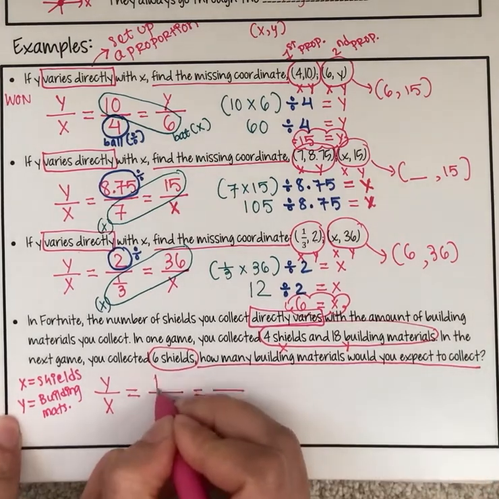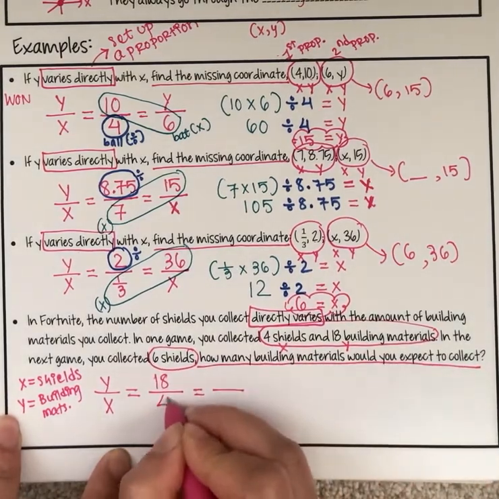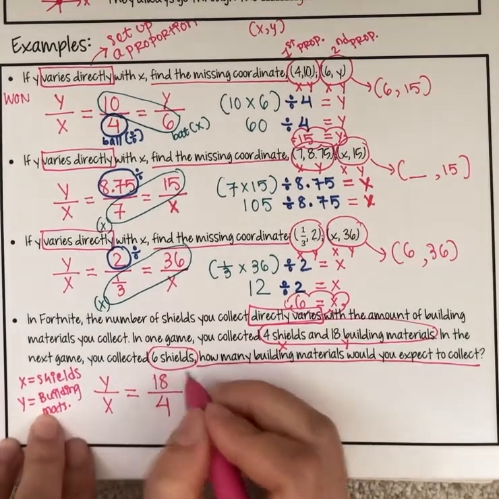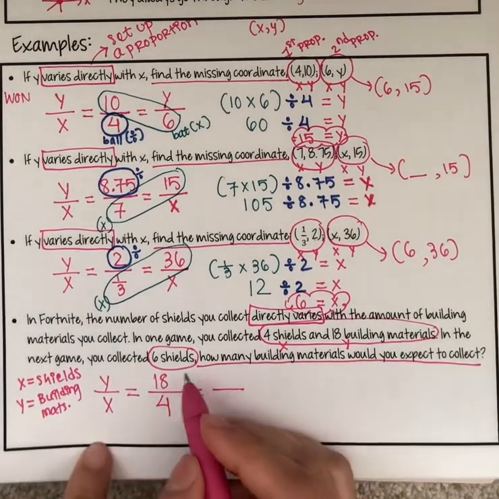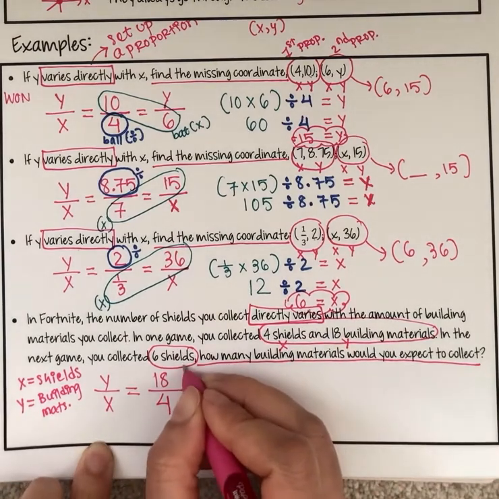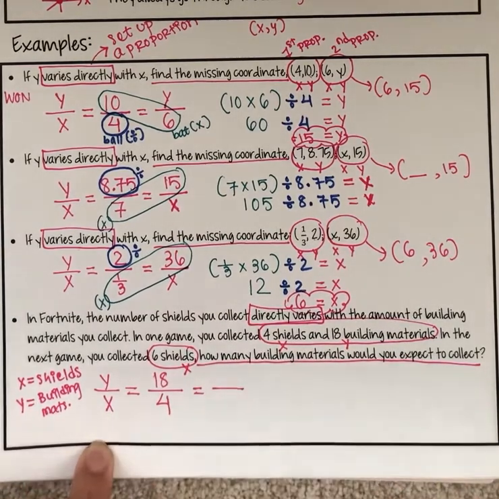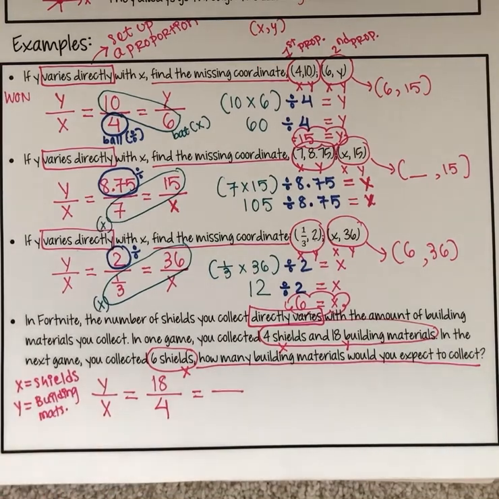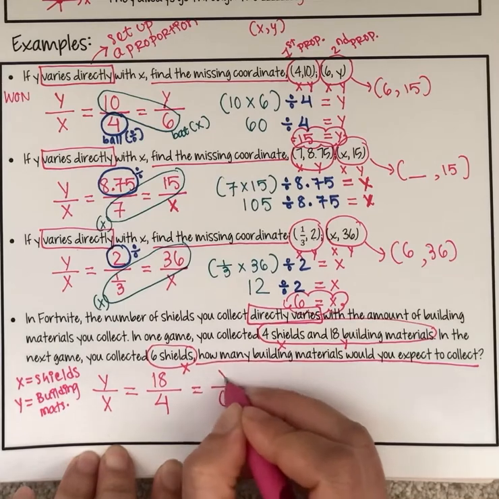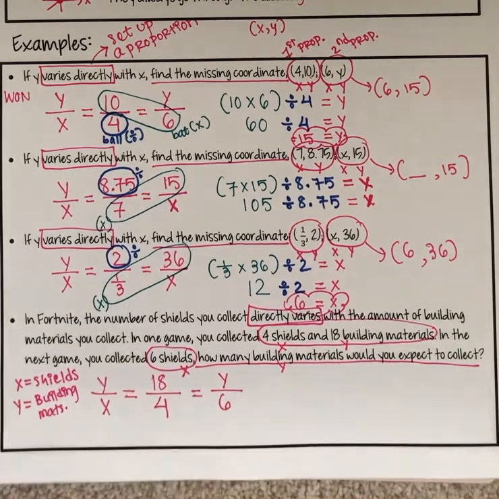Okay, so it's 18 over 4. And where am I going to write this 6 shields down? Is this our x or our y? This is our x because it's number of shields, so it goes at the bottom. Okay, so we are finding y, which is the number of building materials.